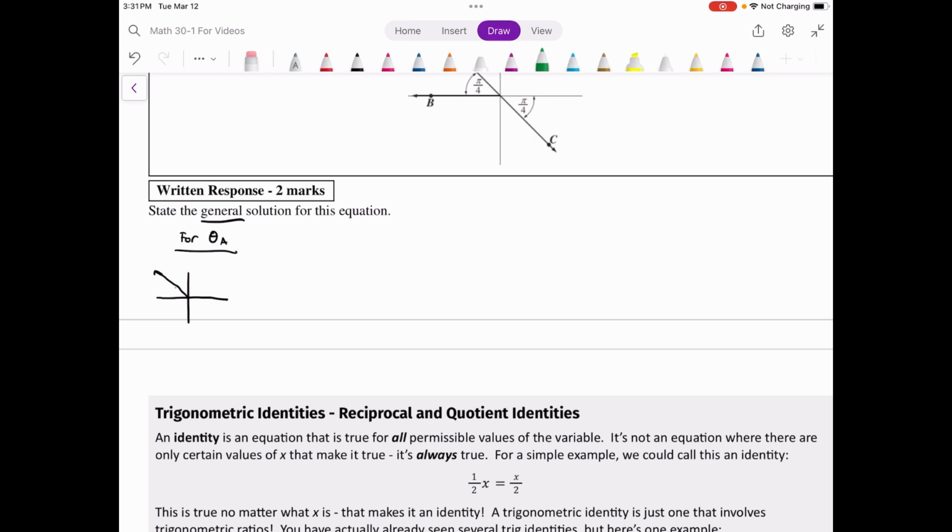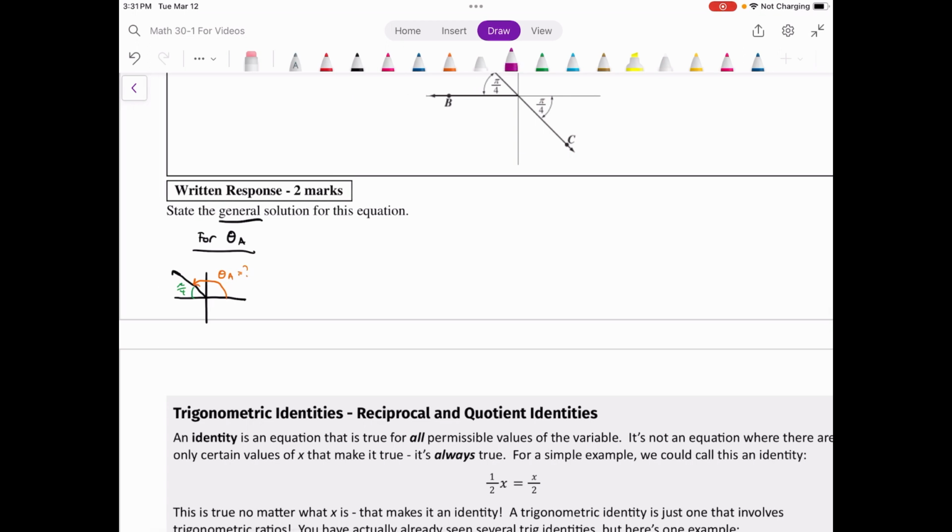So what is the angle itself? This is 0, and that would be pi. So theta A there is just going to be a full pi, subtract pi over 4, right? Pi minus pi over 4.